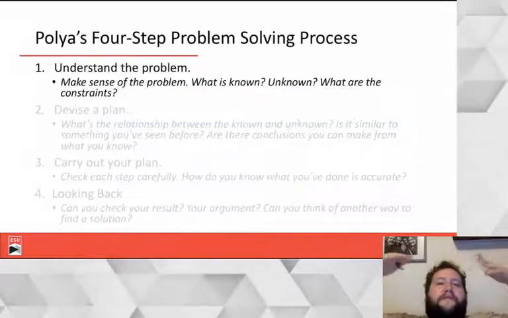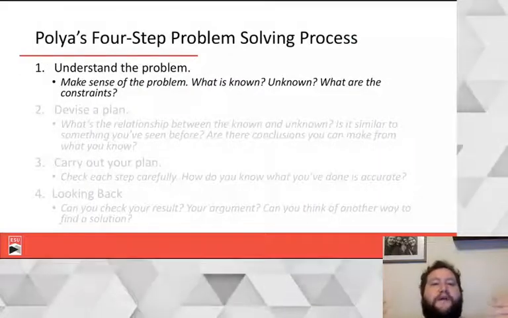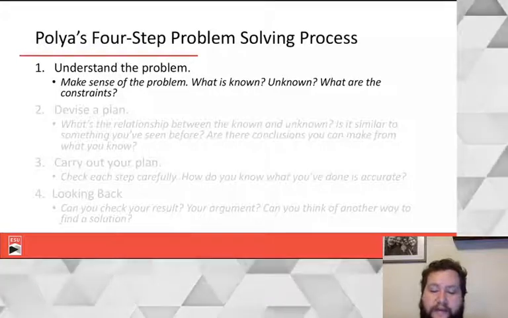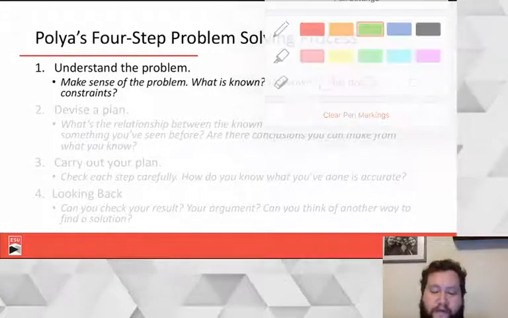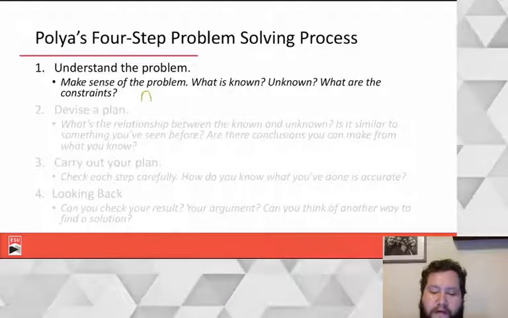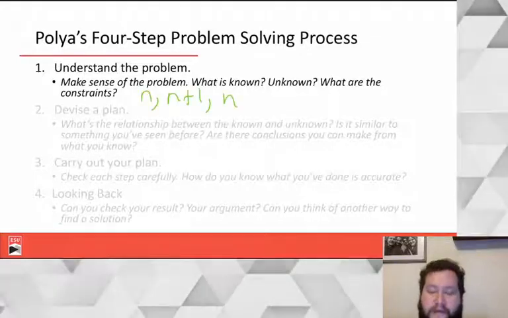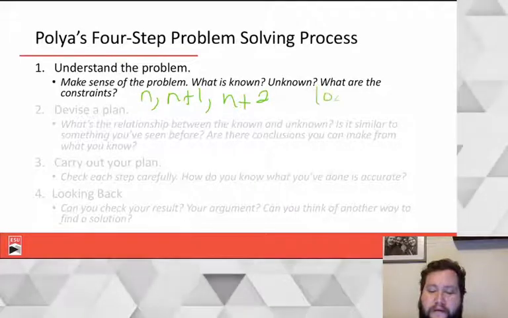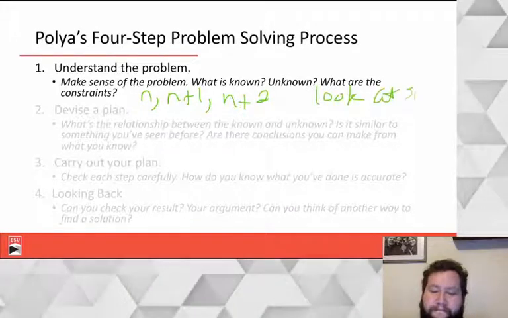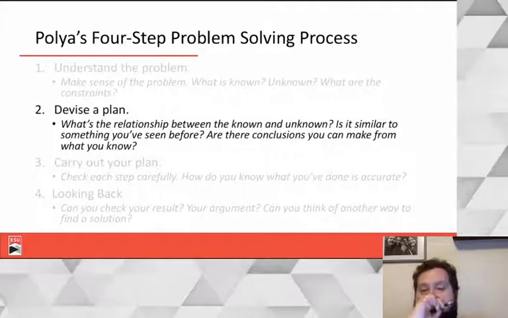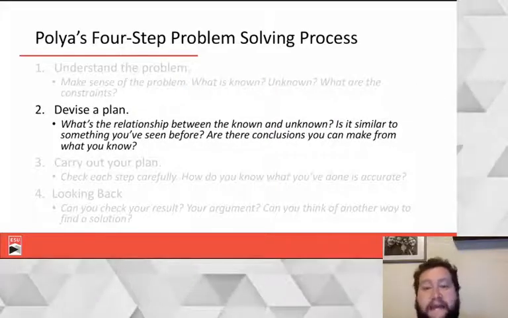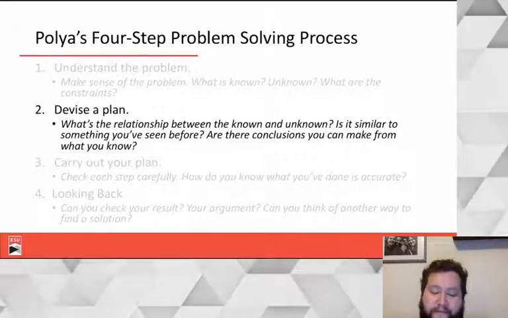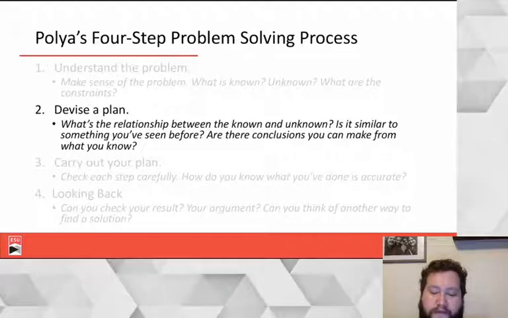And so we'll think again through Polya's process. So understand the problem. What did we know? We knew that there were 3 consecutive numbers, and those consecutive numbers we said were n, n plus 1, n plus 2, and we knew that we needed to look at their sum. Then our plan was, well, let's see what we can get by taking this sum. Once we added them together, we saw 3n plus 3.